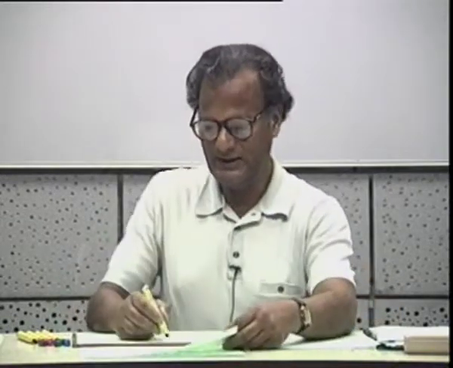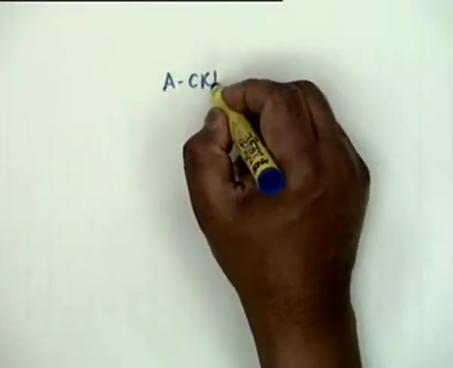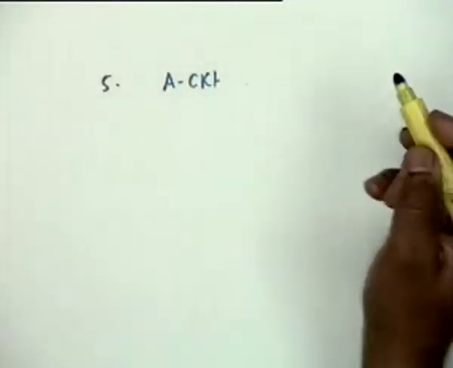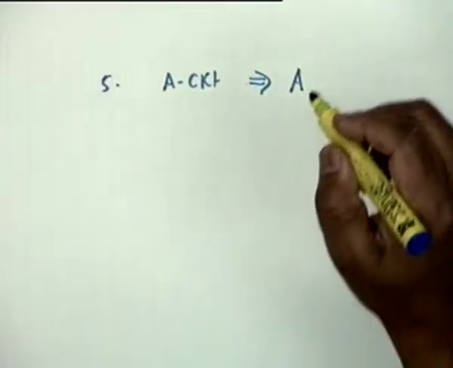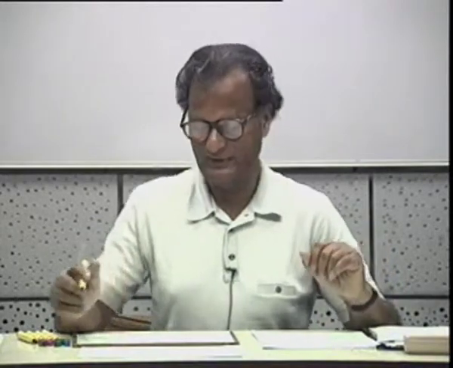That would make the A circuit of the feedback amplifier. Then analyze the A circuit and find out the gain A. This gain could be dimensionless, could have the dimension of impedance, or could have the dimension of admittance, depending on what model you have chosen for the basic amplifier.